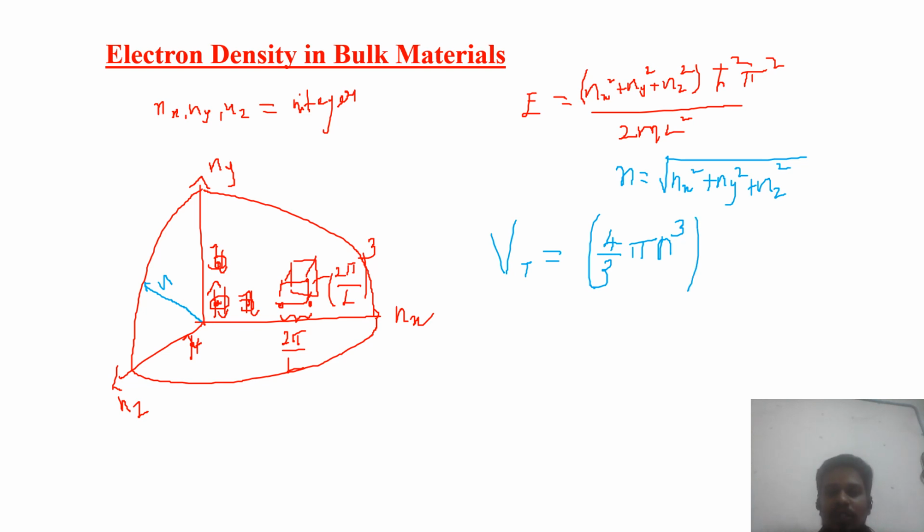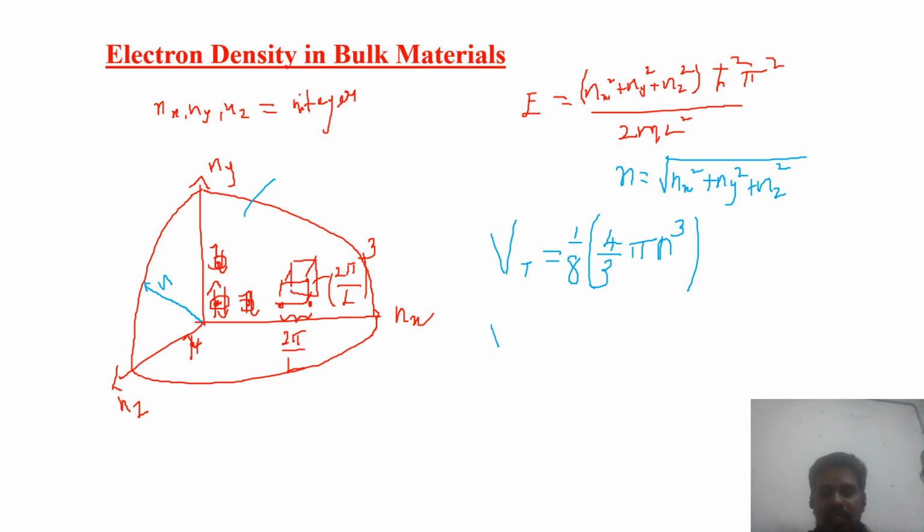That means you are going to calculate the first octant. The volume of the first octant is 1/8 of 4/3 π n cube.